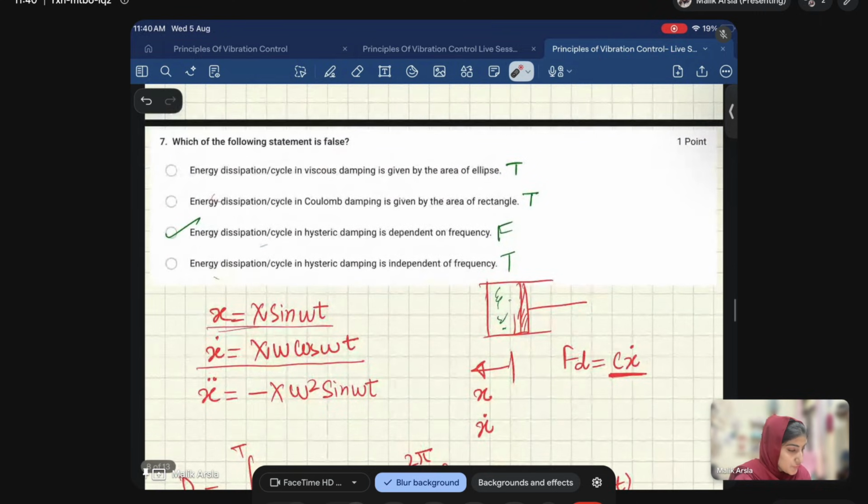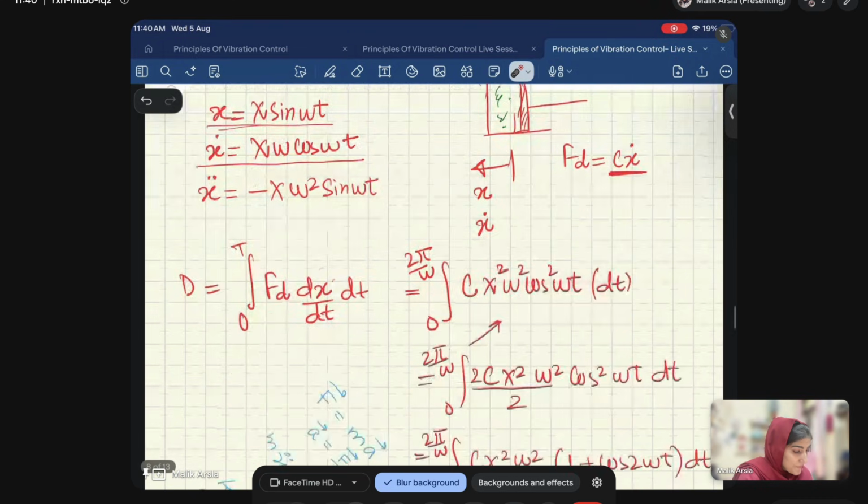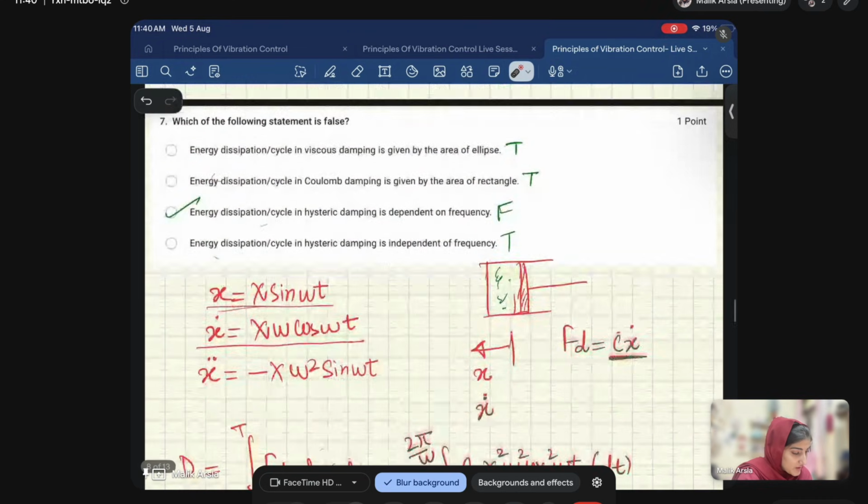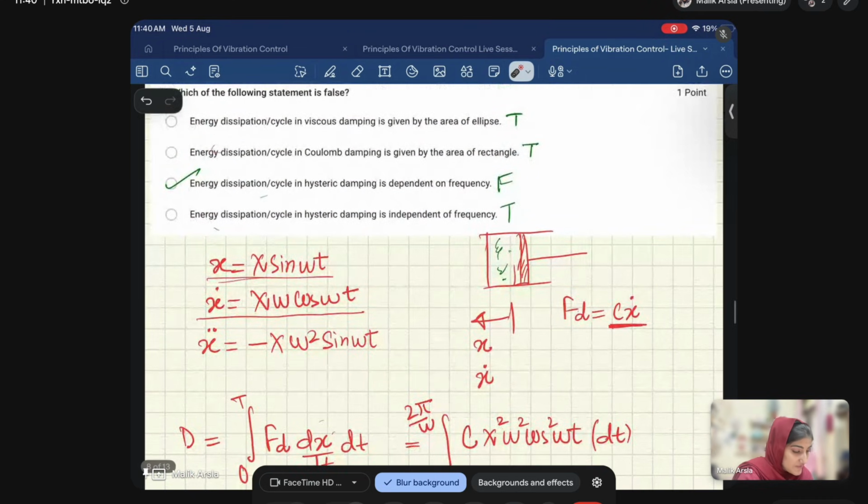Now moving on to the next question: which of the following statements is false? Energy dissipation per cycle in viscous damping is given by the area of an ellipse. Okay, we have derived this here. In case of viscous damping, we have a piston and cylinder arrangement, where we have viscous fluid inside this cavity.